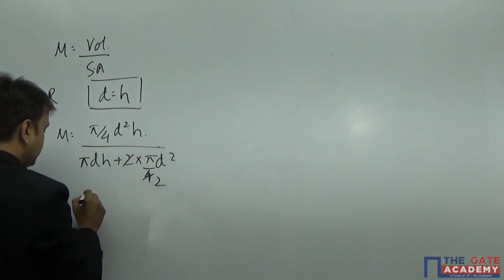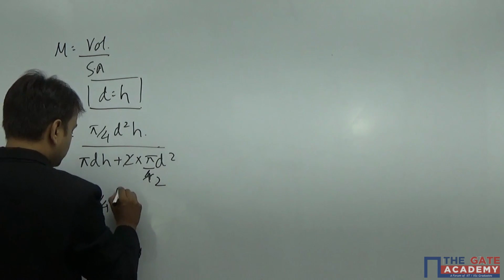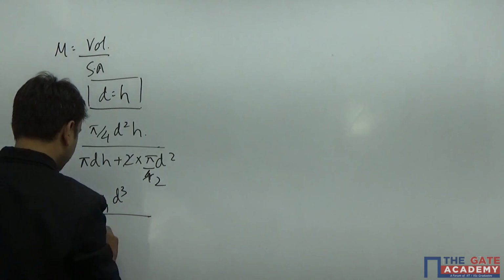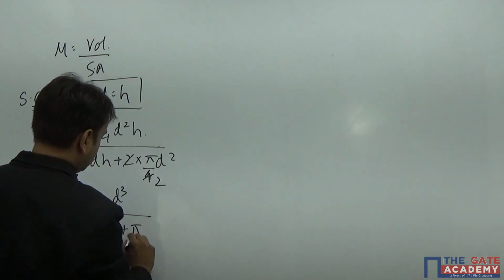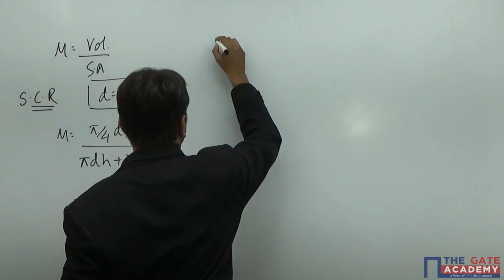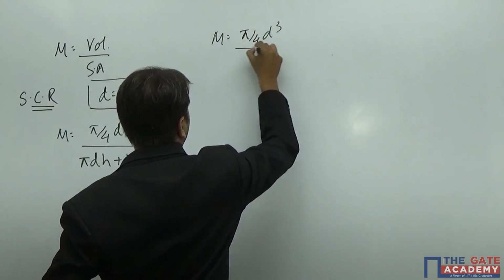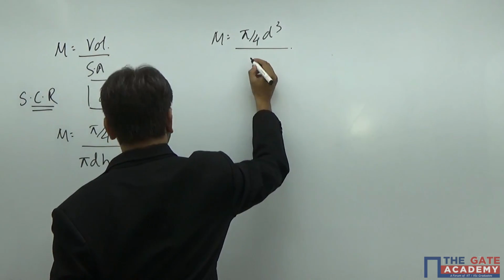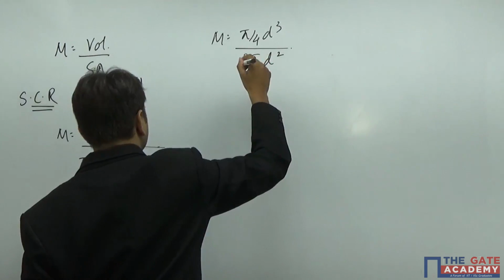So you can directly put down the values here. You can replace h by d. So d cube divided by pi d square plus pi by 2 d square. That means we can write here modulus is pi by 4 d cube divided by 3 pi by 2 d square, right?